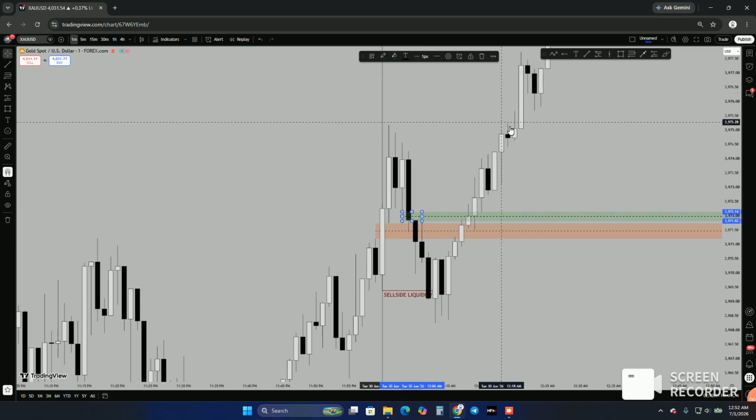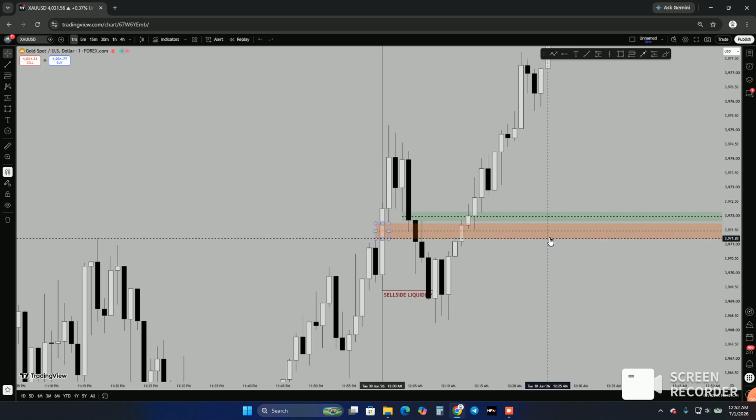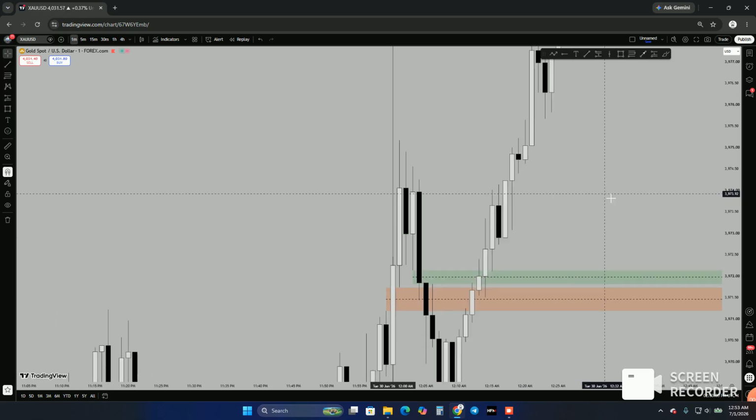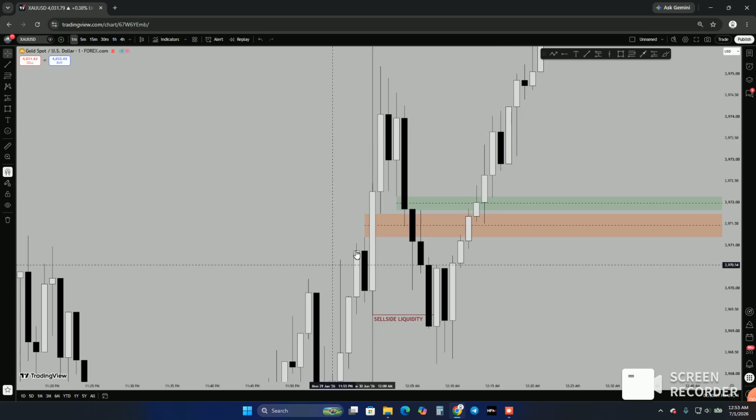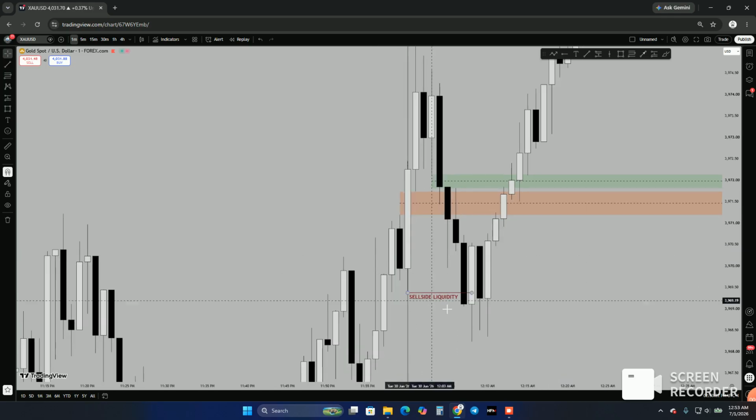I would like to color it as a lime color, which is very good for me. And then we can see clearly the upside is not broken yet, but we have a confirmation. This first gap is for liquidity purpose, so I like to mark it.